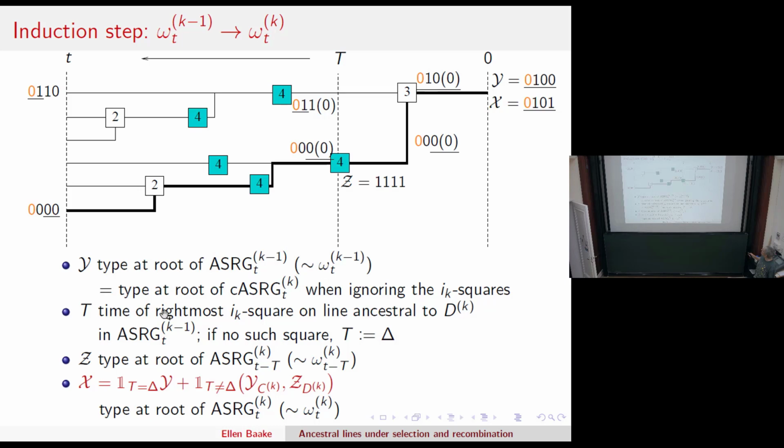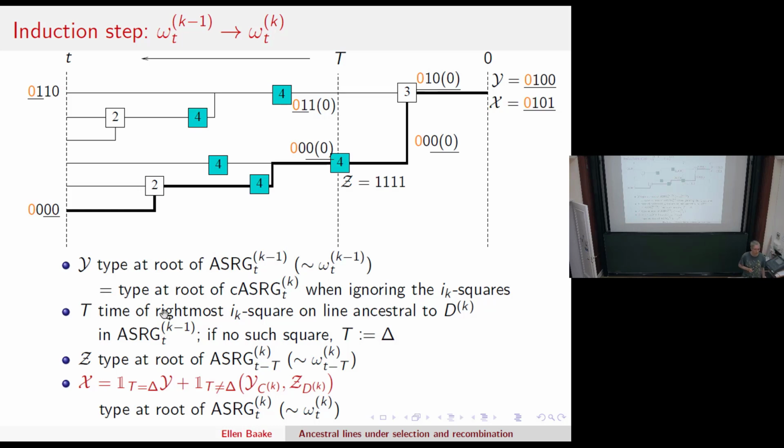So this 1 here replaces that 0 here, that's why this 0 is in brackets. And that then propagates forward into a 1 here and a 1 here. And this is why this x has a 0 at the last site where this x has a 1 here at the selected site where the y had a 0.